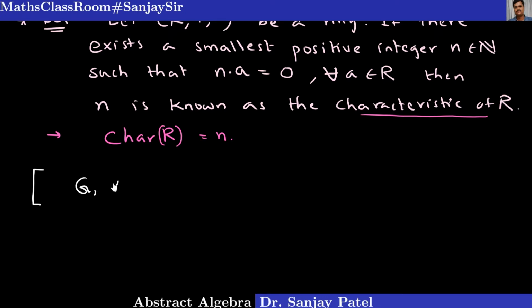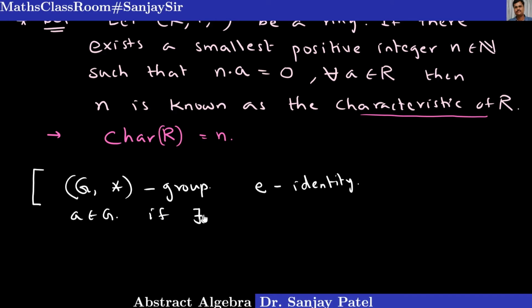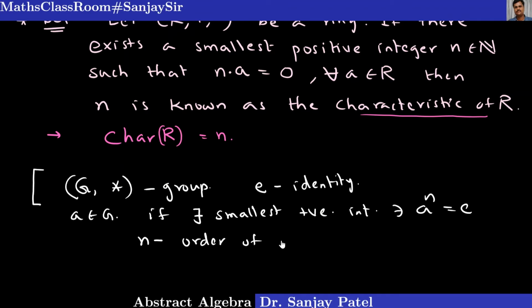If G is a group with respect to some binary operation, say star, and suppose e is the identity element of the group, and for an element a belongs to the group G, if there exists the smallest positive integer n such that a raised to n is equal to e, then we know that this n is called the order of the element a, and we denote this symbolically by O(a) equal to n. That means order of a is equal to n.